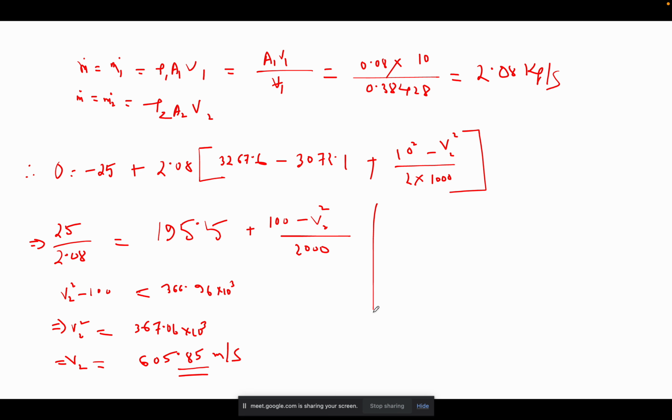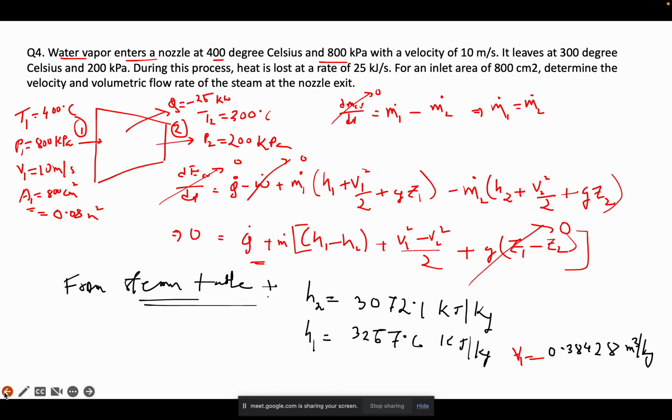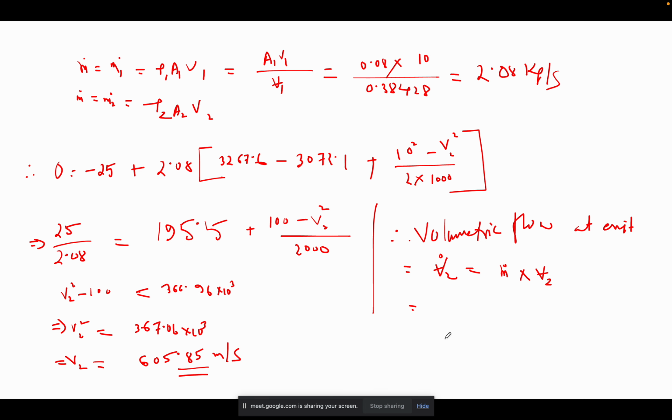Therefore the volumetric flow at exit, V2 dot, is nothing but m dot times v2, kg per second into meter cube per kg. I have calculated the m dot as 2.08.